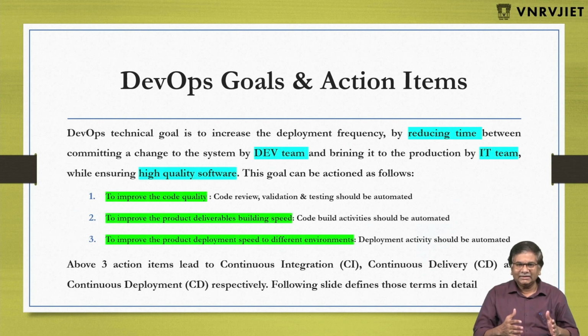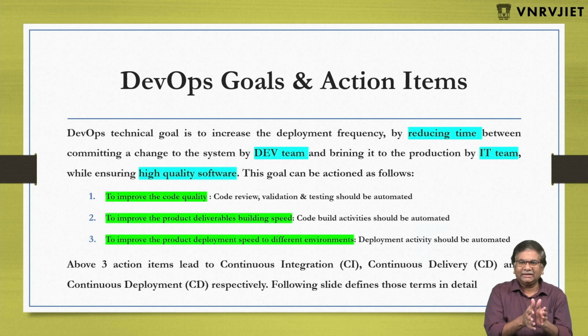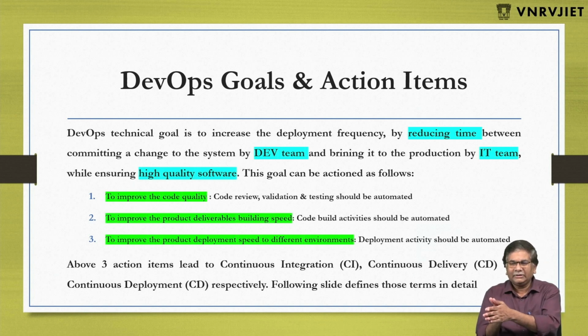Basically, as soon as the developers are done with changes and the code is checked in and labeled, then it should automatically build, and the IT team should get it and make sure that whatever is built is of high quality and provided to the customers.